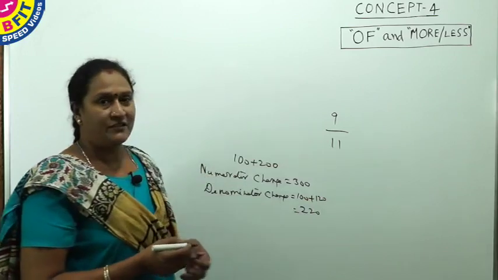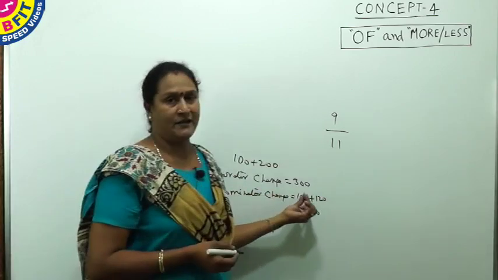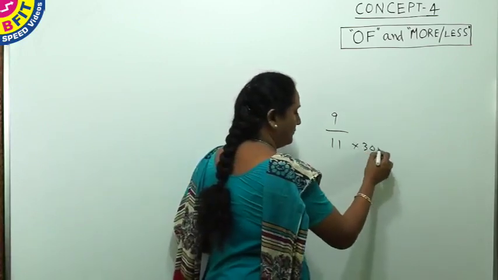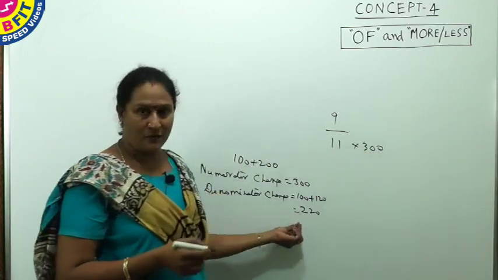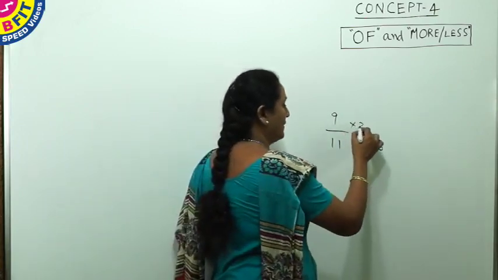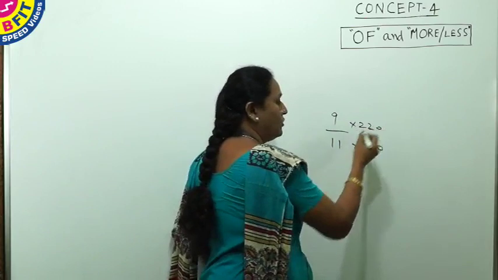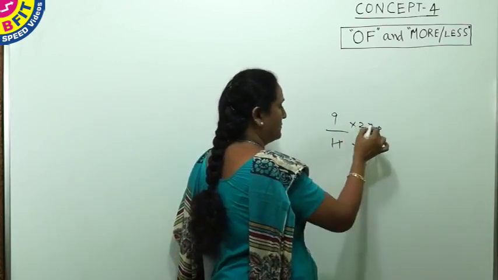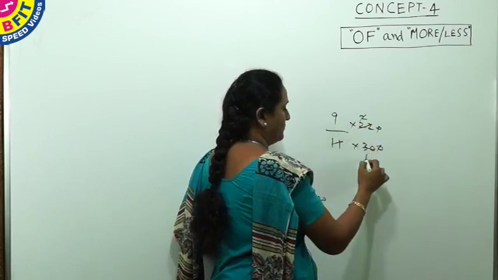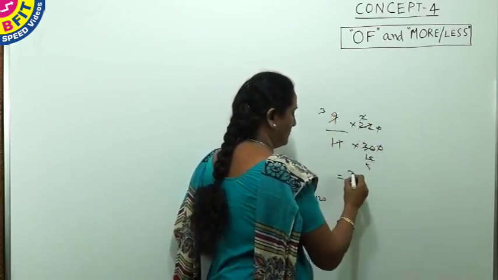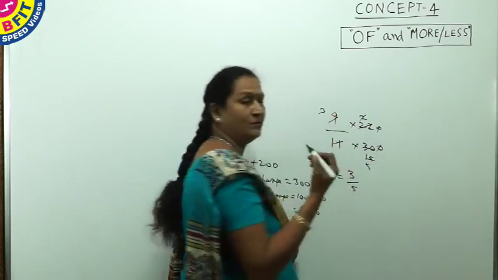So with the increased fraction, whatever the numerator change is, you multiply with the denominator, and whatever the denominator change is, multiply with the numerator. Simplifying, we get the original fraction. So here the original fraction is 3 by 5.